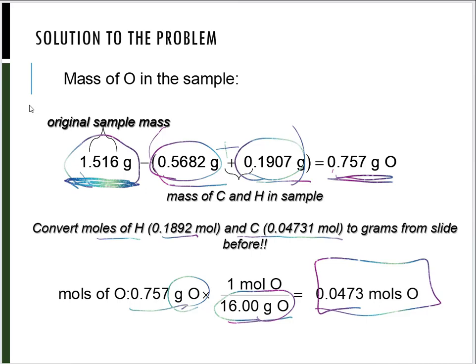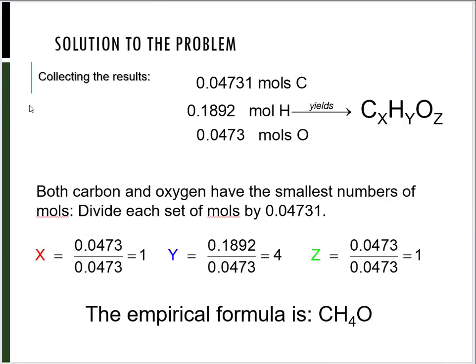Now, I know moles of all of my original pieces: moles of C, moles of H, moles of O. Just like when we were finding empirical formula last chapter, we're going to divide all of them by the smallest number, which in this case is the 0.0473. So 0.0473 divided by 0.0473 is 1. That means that there is one oxygen.